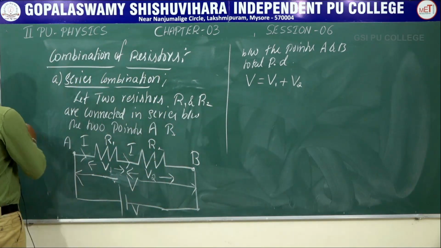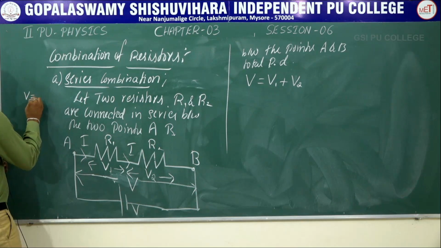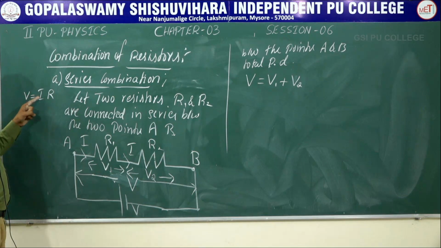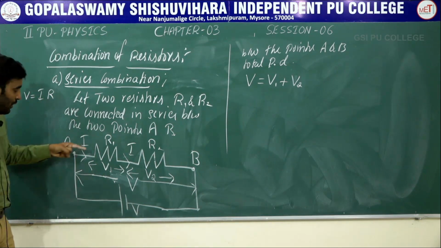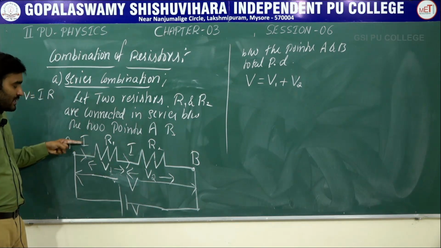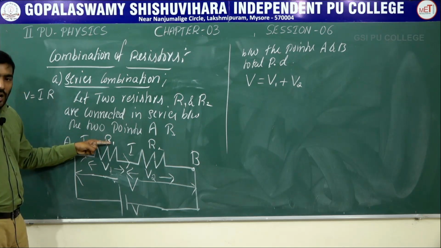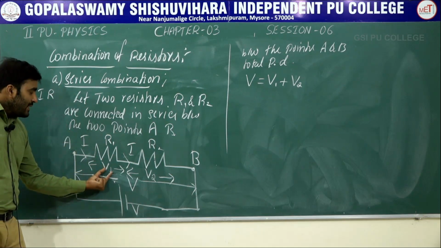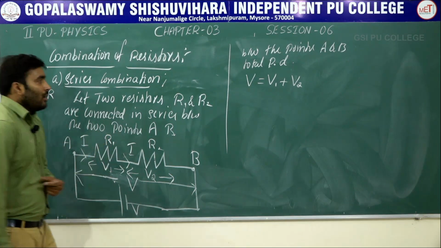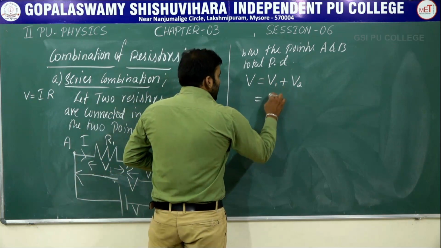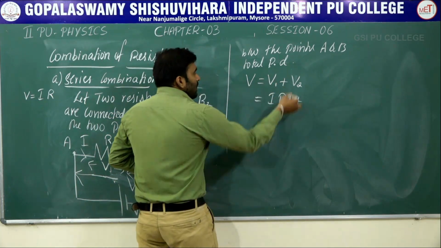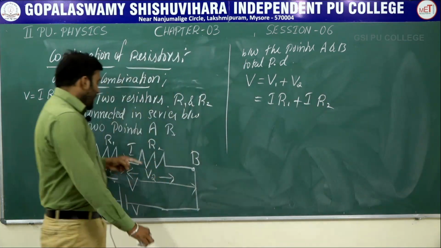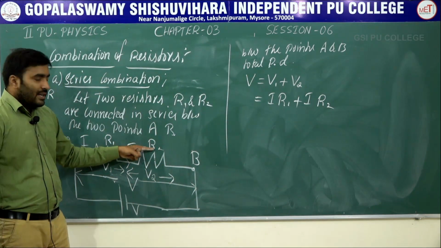But we know from Ohm's law that voltage is equal to current into resistance, V is equal to I into R. So for the first resistor, the current flowing is I and the resistance is R1. Therefore V1 is written as I into R1. So V is I into R1 plus V2, which is I into R2, because the current through this resistor is also the same and the resistance is R2.